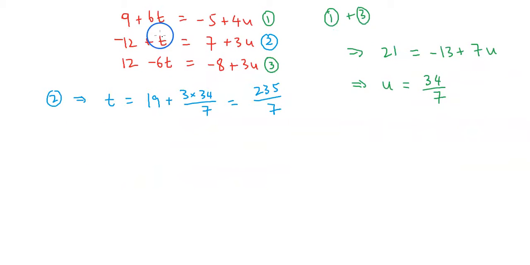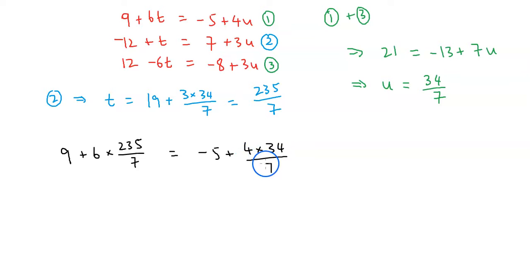And they have to satisfy all three equations. Let's see if they satisfy the first one. So we have 9 plus 6 times 235 divided by 7 is supposed to equal negative 5 plus 4 times 34 over 7, which is clearly not true.